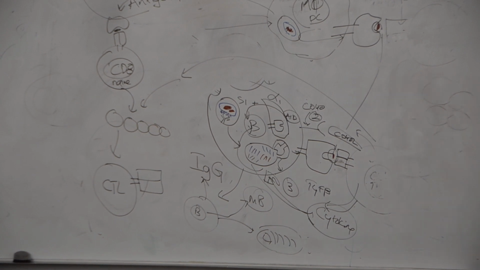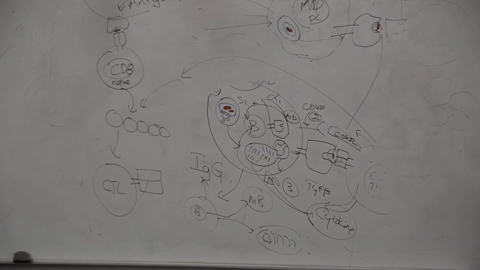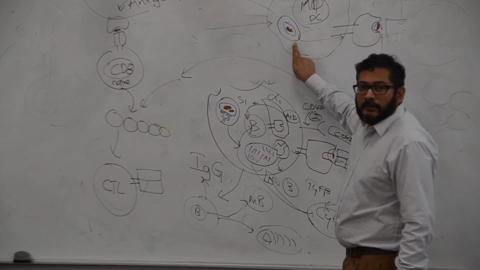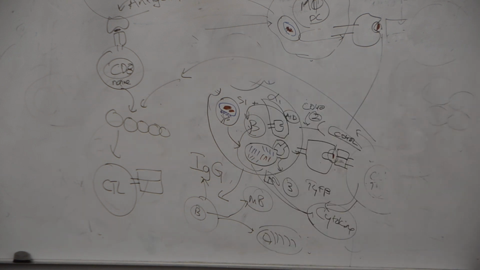Now the key question is that if the pathogen over here is a virus, and we say that it needs to be cytoplasmic, right? For it to be expressed on MHC1.